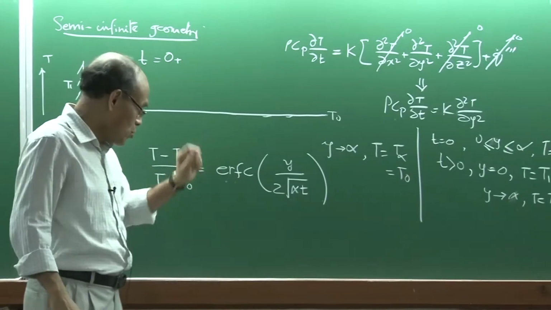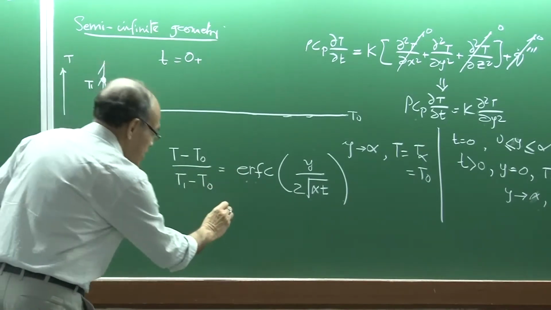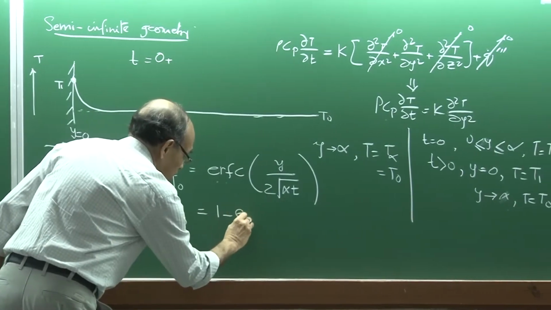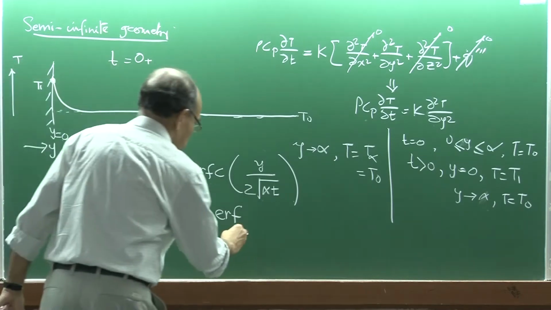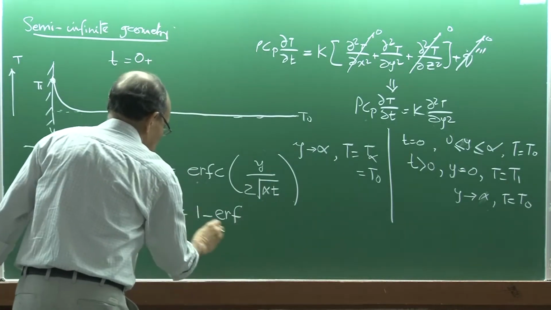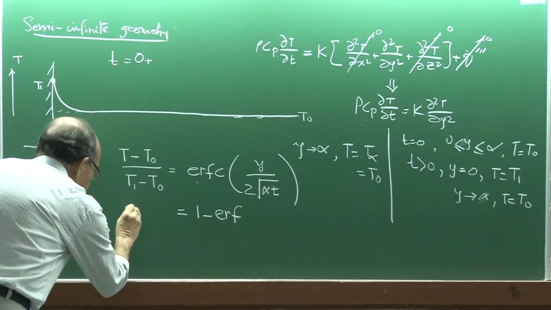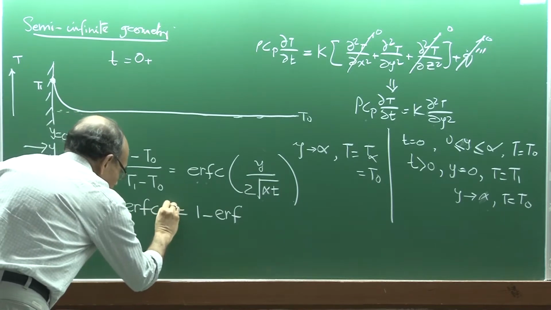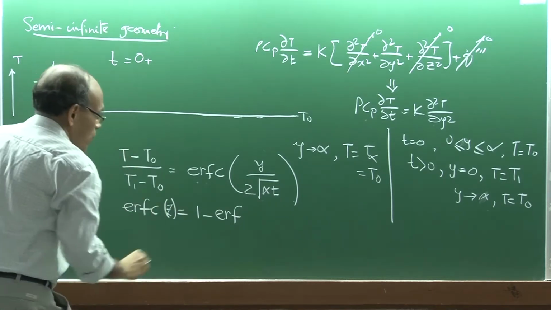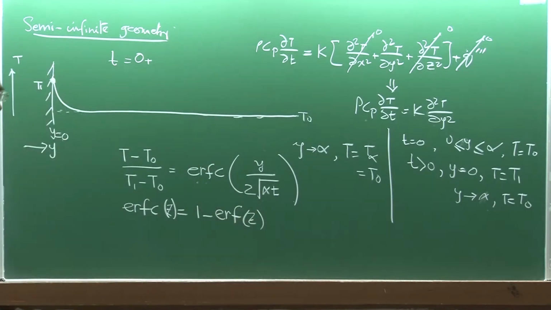I am going to introduce the definition of it, and the complementary error function basically means 1 minus error function. So complementary ERFC of any parameter Z will be 1 minus ERF Z. That is the definition.